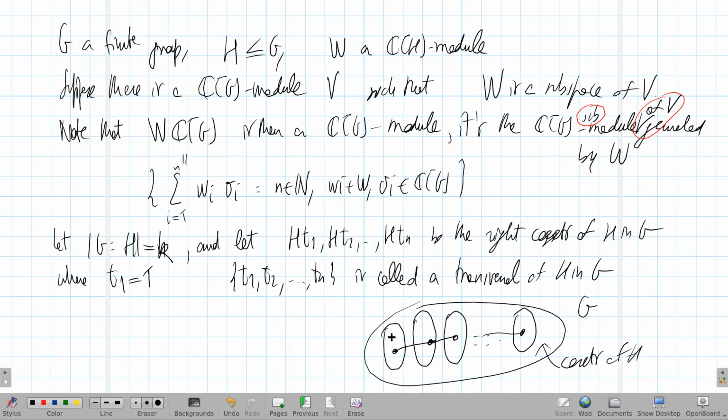So it's something transversal to the cosets. The cosets move up and down, and this moves left to right, something like that, okay? And of course, it's not unique, because you could replace t2, for instance, with any element from Ht2 and still get the same coset, okay?